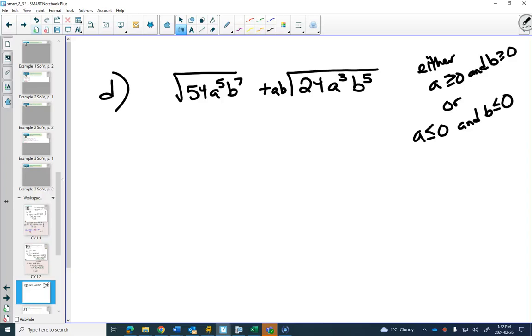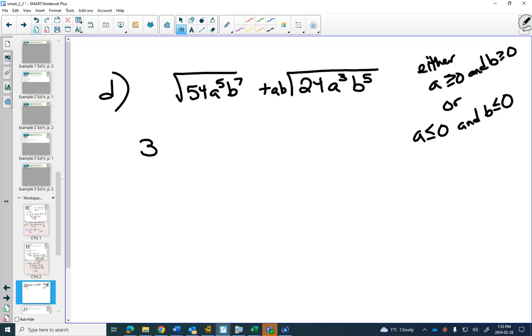But what I really want to do in this question is show you a little bit of how you can simplify with a little bit of mental math, and sometimes showing less work actually makes you make fewer mistakes. First of all, I want you to recognize this is 9 times 6, and this is 4 times 6. Because this is 9 times 6, I know that I'm going to be able to pull out a 3, because the square root of 9 is 3.